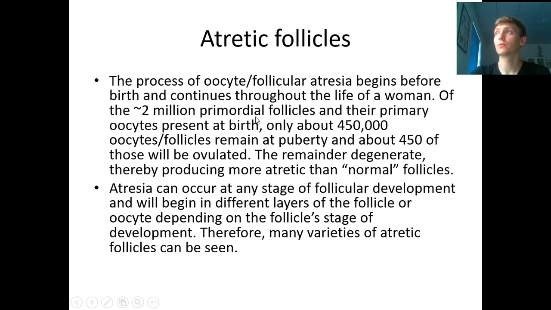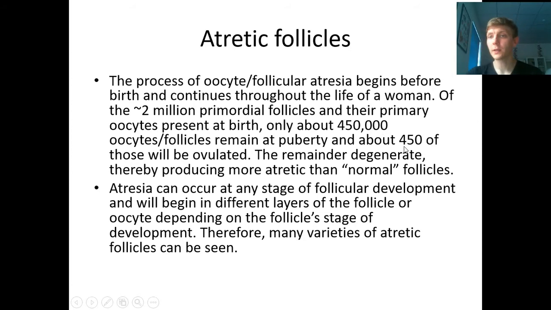It is enough to live for 1,000 years of menstrual cycles. But they gradually go to rest, and that's why at birth only about 450,000 oocytes remain, and at puberty only 450 remain. So you see, 1,000 times less than after birth.